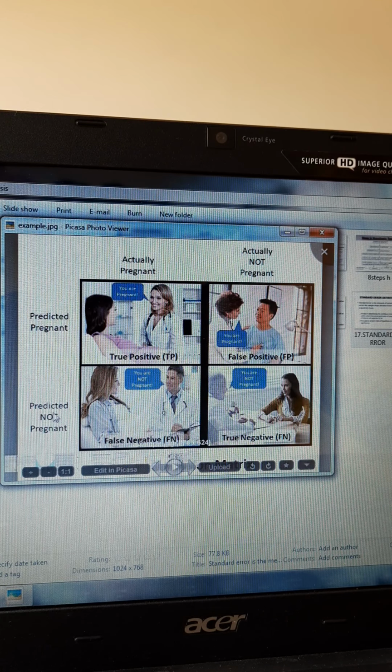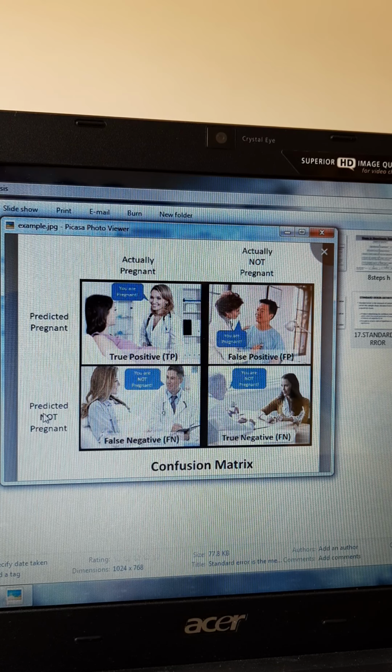So here the predicted not pregnant, and your result false negative. So true negative. You are clear about this? So this is your type 1, type 2.